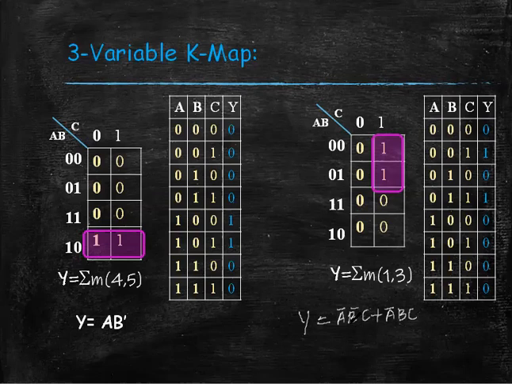Look here, it is B bar and it is B, and the remaining variables are A bar in both and C in both. Then the expression must be equal to A bar C.